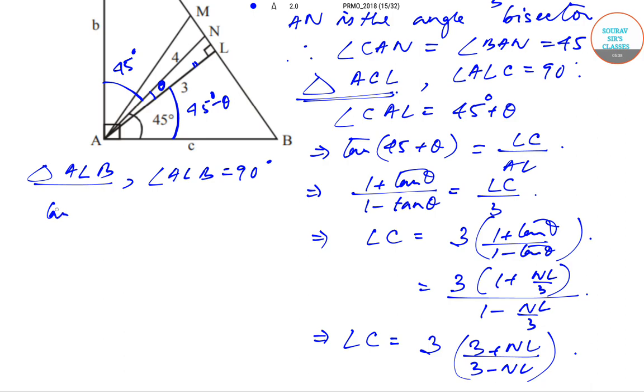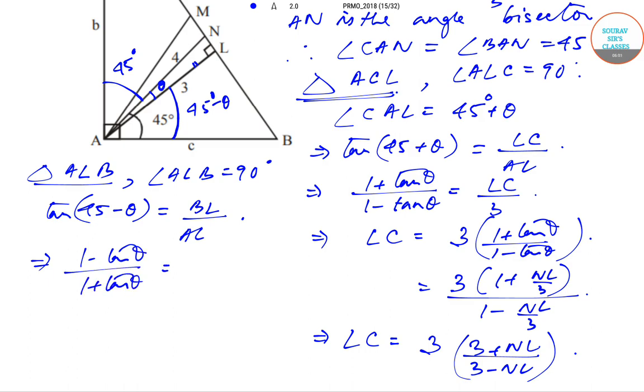So we have tan of 45 minus theta is equal to BL by AL. This will be equal to 1 minus tan theta by 1 plus tan theta, and BL we have to find out, and AL is equal to 3.